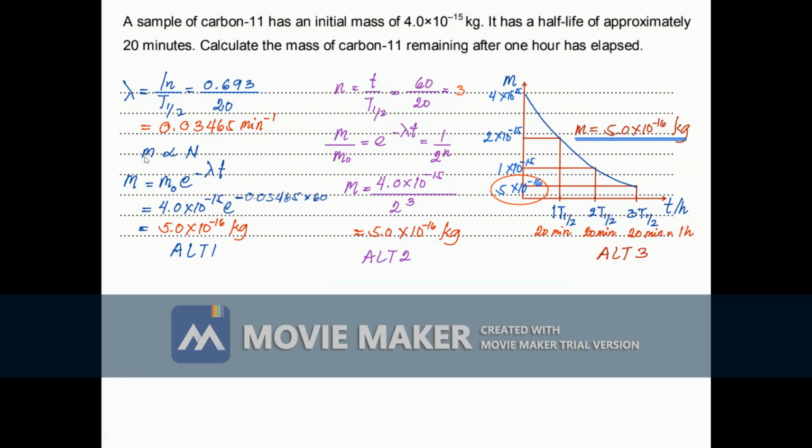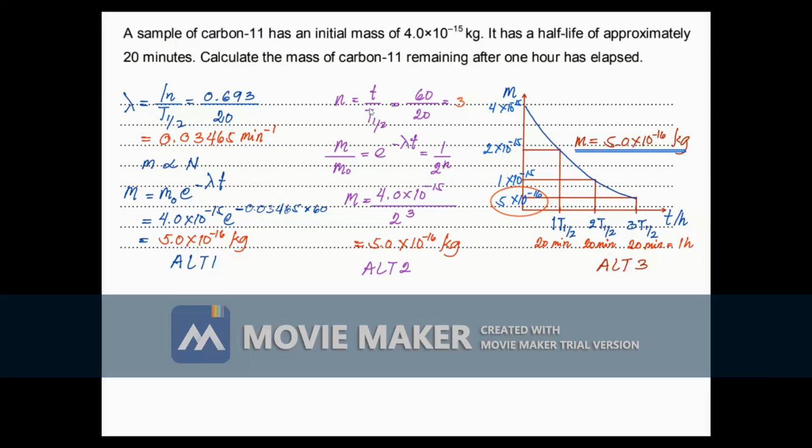We know that m is proportional to the number of remaining nuclides, as I said before. So by plugging the values into this formula, we know the initial mass, we calculated the decay constant, and we know the time after 1 hour has elapsed. So plugging in the values, we have this mass after 1 hour.